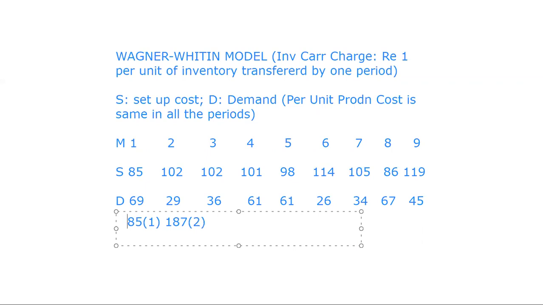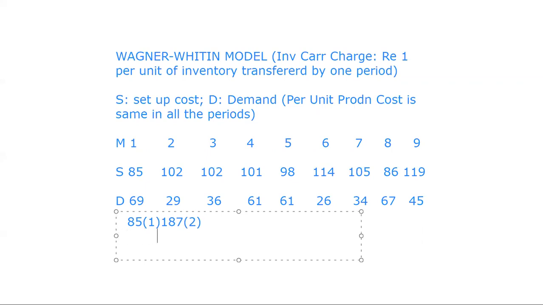I'm doing some rearrangements for the lack of space. Okay. Now suppose I am producing it in period number 1 itself. What is my total cost? If I produce in period number 1, what is my total cost?